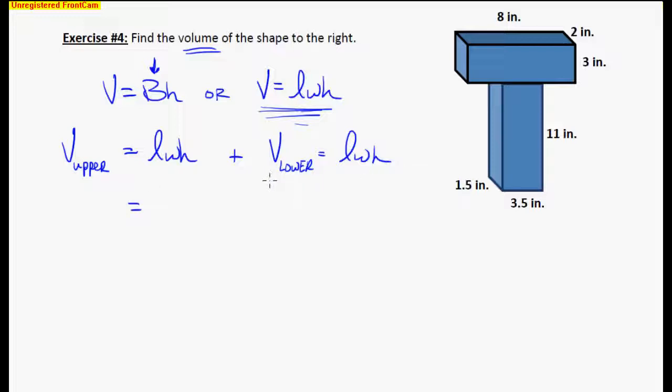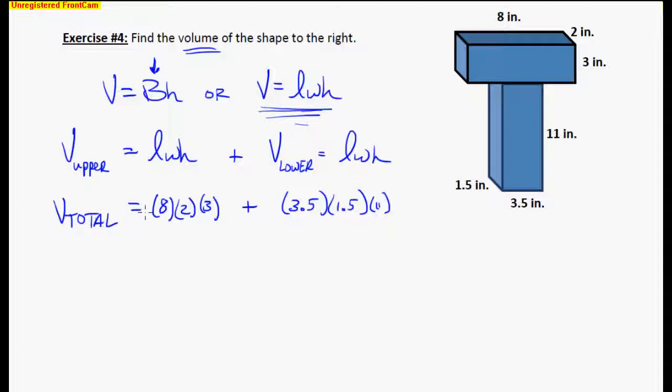The length, width, and height here are 8, 2, and 3. And we're going to add to that the volume of the lower box, which is 3.5, 1.5, and 11. I'm really just plugging in the numbers that they gave me. That's going to be the total volume of this figure.